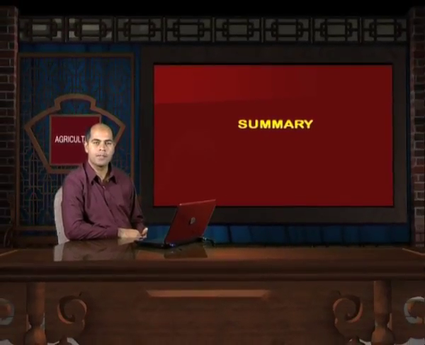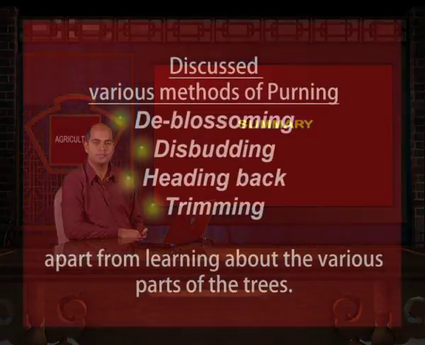We have also discussed about various systems of training like central leader system, open central system, modified leader system, and also learned that among these three systems, the modified leader system is the best one, because it incorporates all the advantages of the other two systems.